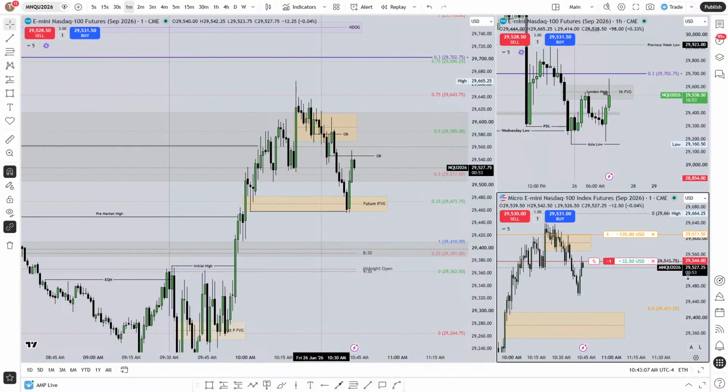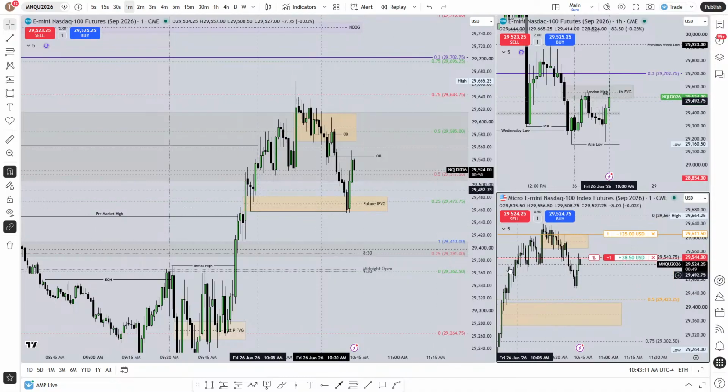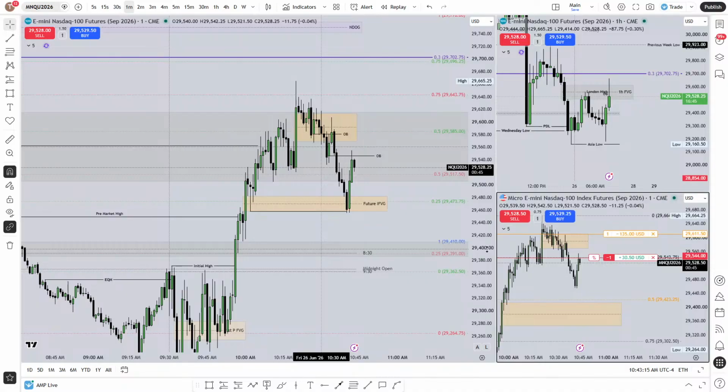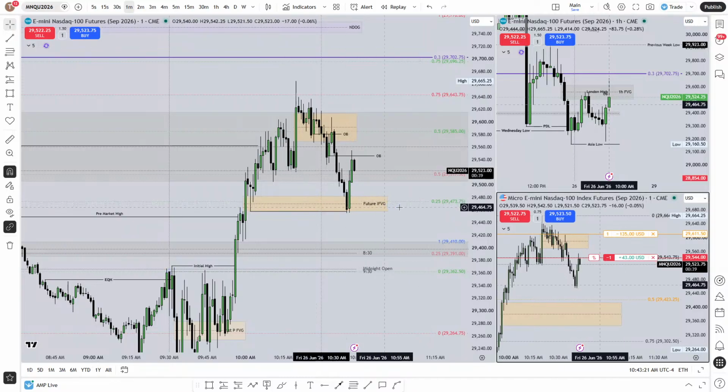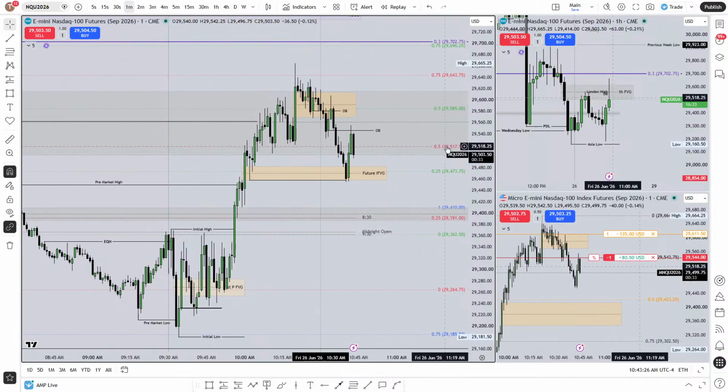This retracement, as of right now, is still fine. But I don't love this reaction from the lower quadrant. I like that reaction, though.